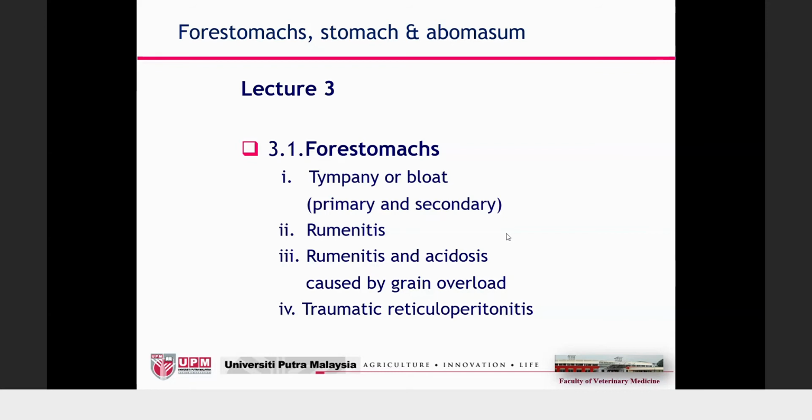Why is grain overload important? Partly because in this case, it occurs as a result of changes in diet, especially when we change the diet immediately. A very good example is that normally when you keep goat or cattle, in a normal situation the animal undergoes grazing in the field.